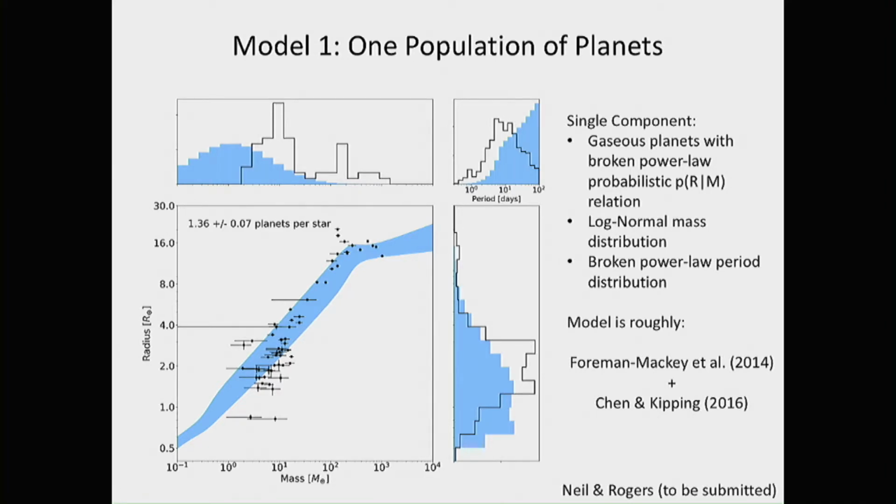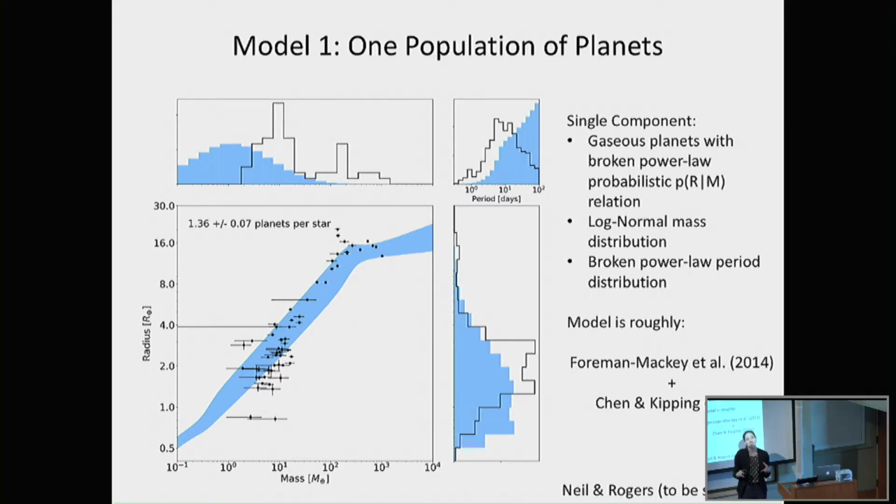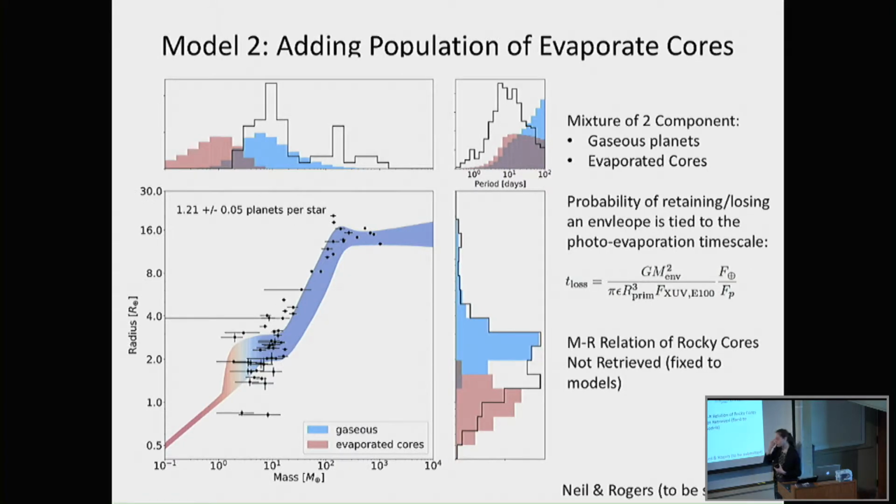However, from observations of a bimodal radius distribution in the Kepler sample, we have good reason to expect that there's not just a single population of planets, but potentially multiple populations. So in our second model, which includes two mixture components, we allow for the possibility of evaporated cores.